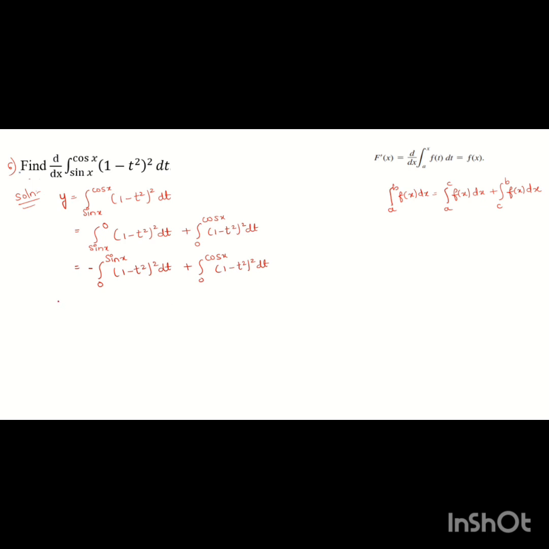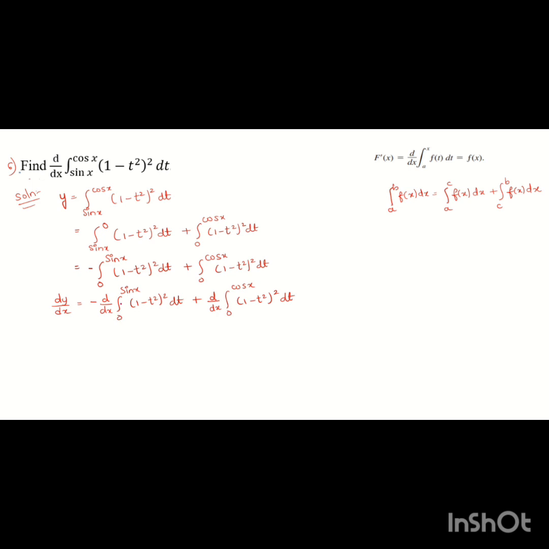Now if we differentiate, dy by dx will be equal to minus d by dx of integral 0 to sin x of 1 minus t square whole square dt plus d by dx of integral 0 to cos x of 1 minus t square whole square dt.